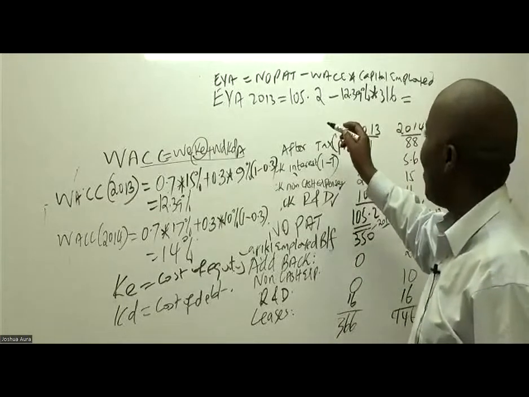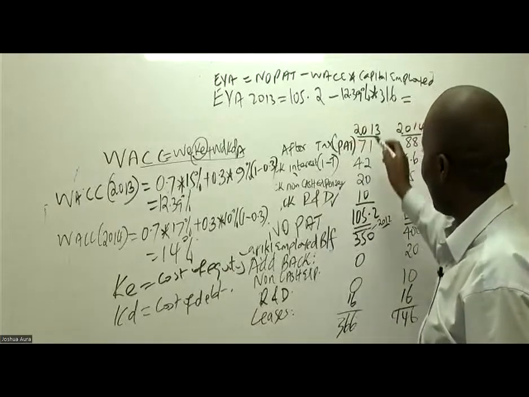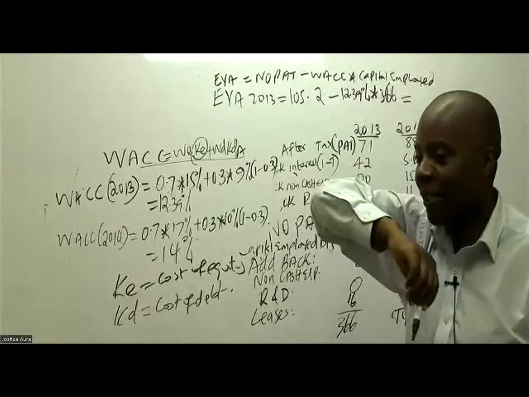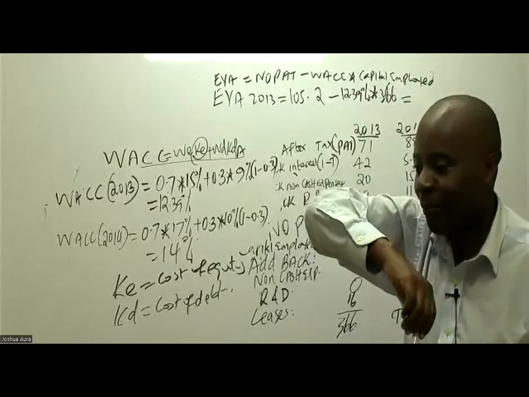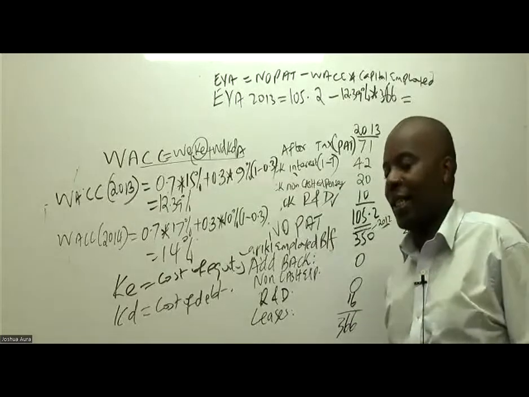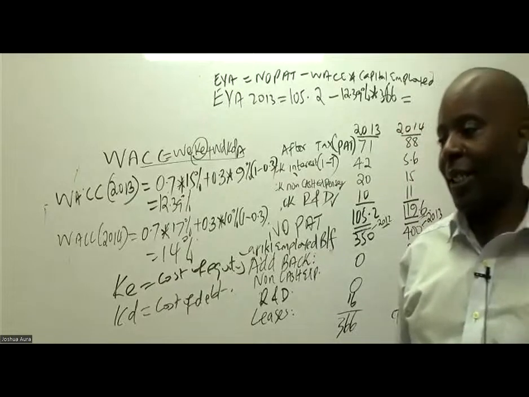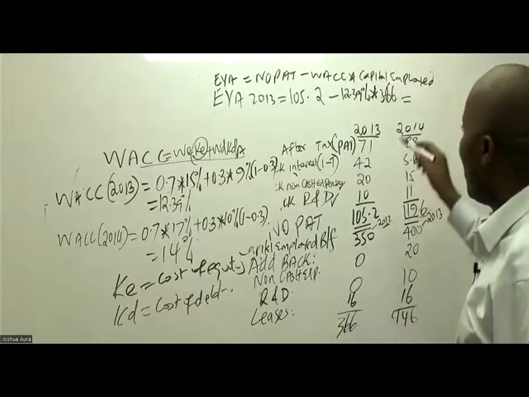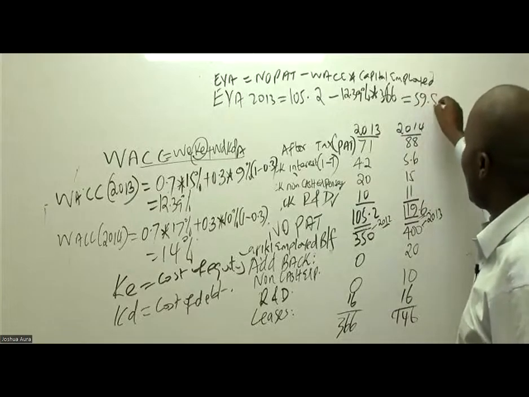Oh, 2013, okay, 366. Thank you so much for correcting us. 366 times the WACC, which at the end of the day gives me 59.85.